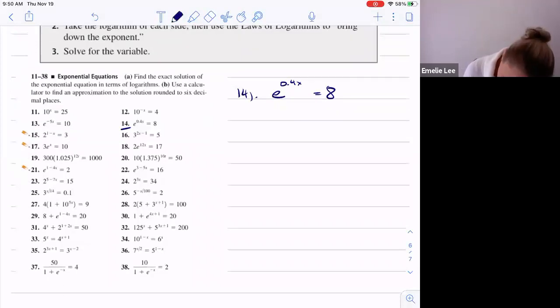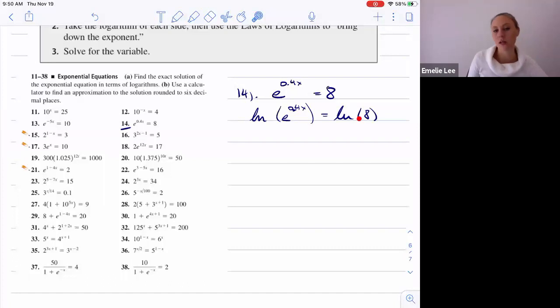So what we have is I'm going to take the ln of both sides, e to the 0.4x. ln of 8 is just the number, which you can calculate on your calculator, right? But when I take the natural log of the natural exponential function, then the power just drops down.